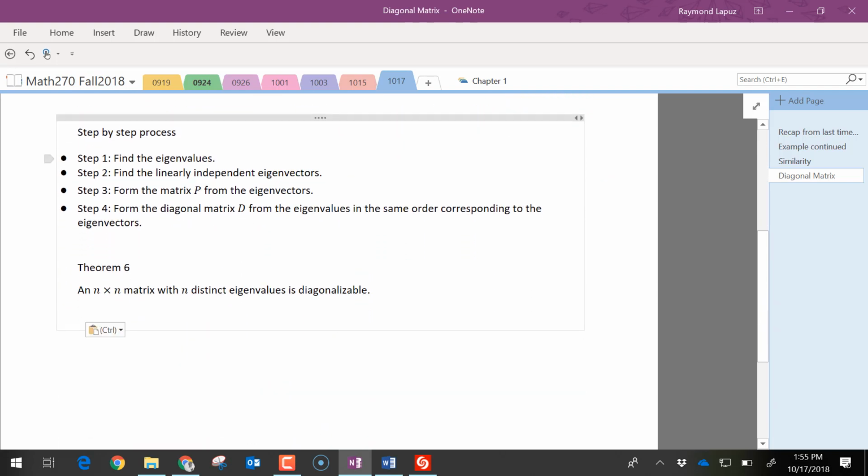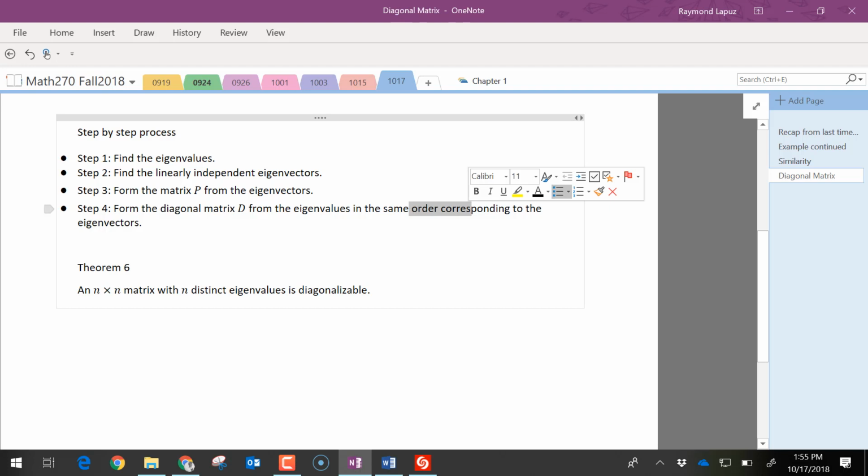So the step-by-step process of diagonalizing a matrix, where we get a matrix and we want to find a diagonal: First, we have to find the eigenvalues, because that's what the diagonal is going to be made of. Next, we have to find the eigenvectors for each of those eigenvalues. And then out of those eigenvectors, you're going to make your matrix P. And if they're linearly independent, we know that it's going to be invertible. And then form your diagonal matrix in the same order corresponding to the eigenvectors.